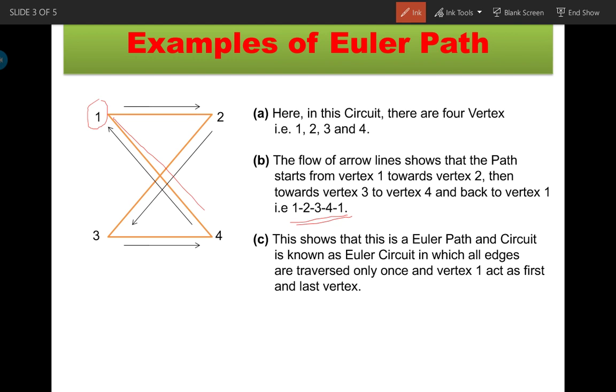So this justifies the definition of the Euler path, that in a circuit it traverses all the edges, okay, but only once. Here we see that all the edges are covered in a single way, and the start and the end vertex are the same. So one vertex is your start and end vertex, right? So this shows the Euler path in a circuit.